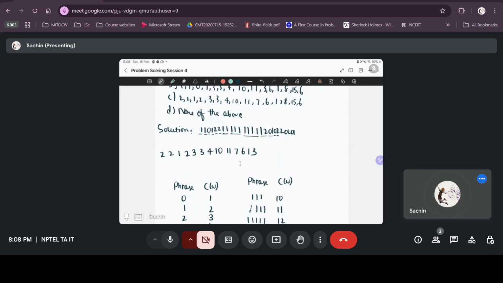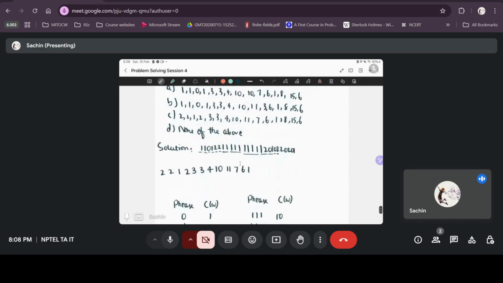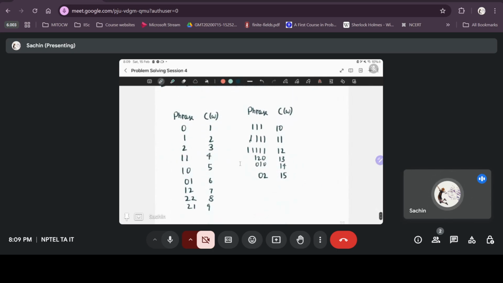Oops. 2 2 is actually a code word, so you don't have to include it again. 2 2 was already included as code word number 8 here. So instead of encoding only 2 here, you can encode 2 2. So code word number 8. 2 2 0 is not a code word, so you have to include that as the 16th code word.